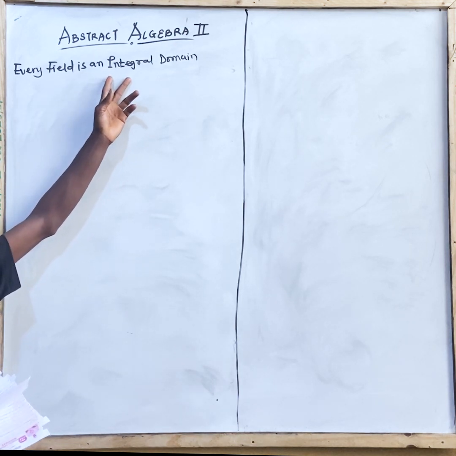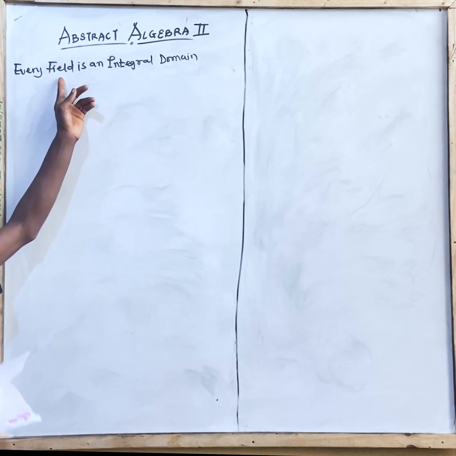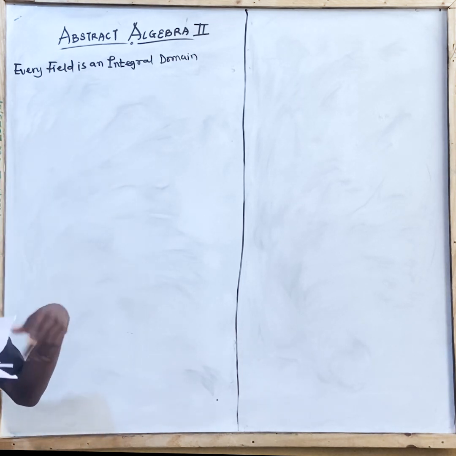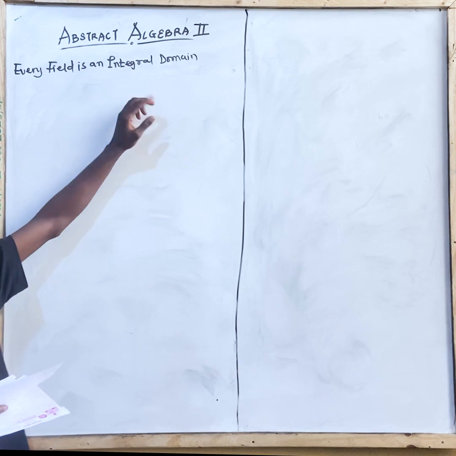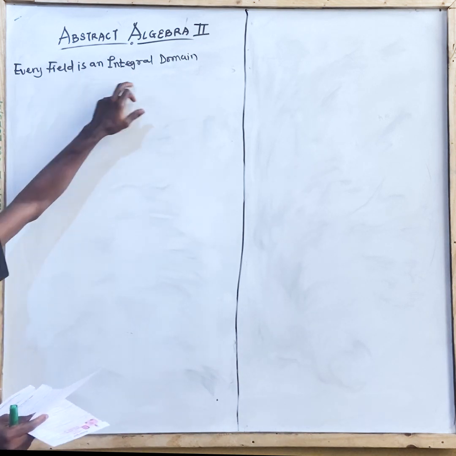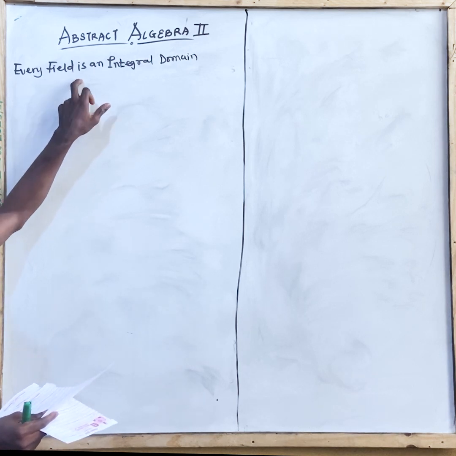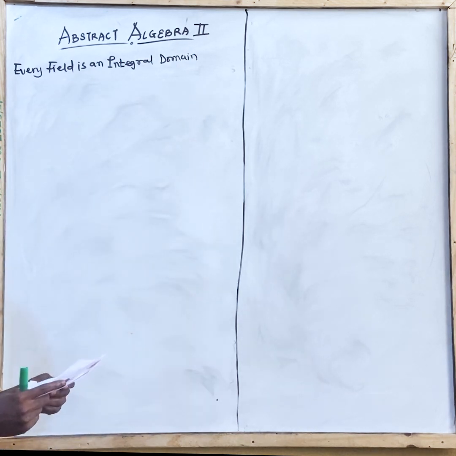So what distinguishes these two is just that in a field, every non-zero element has a multiplicative inverse, but this does not. So if I'm going to prove that every field is an integral domain, then I want to show that this field has no zero divisors.